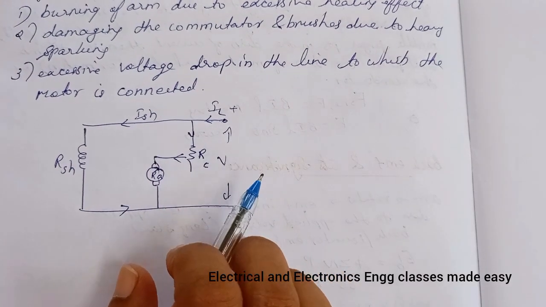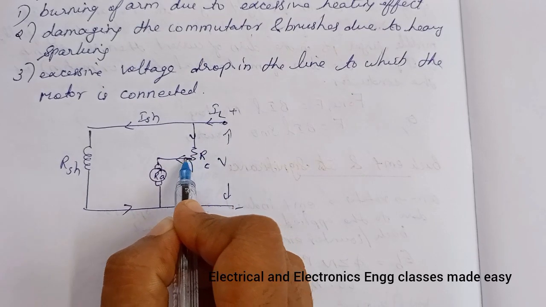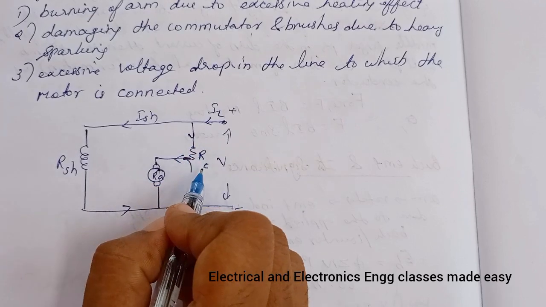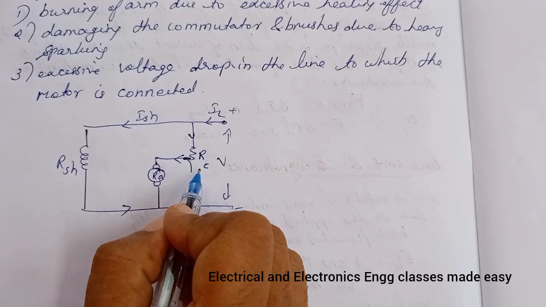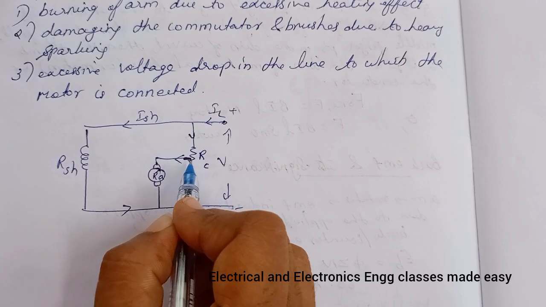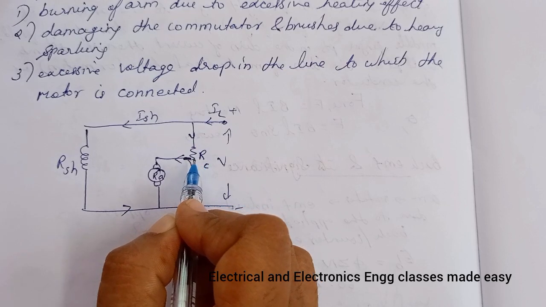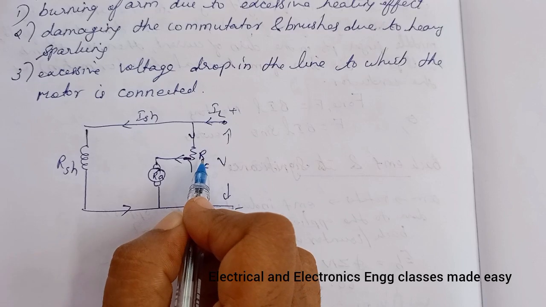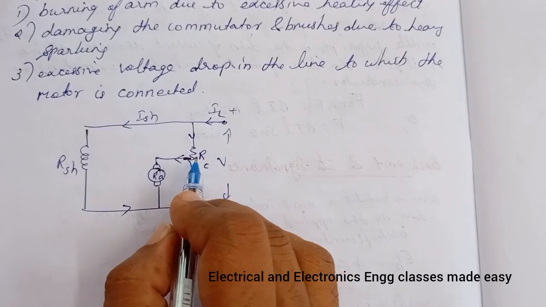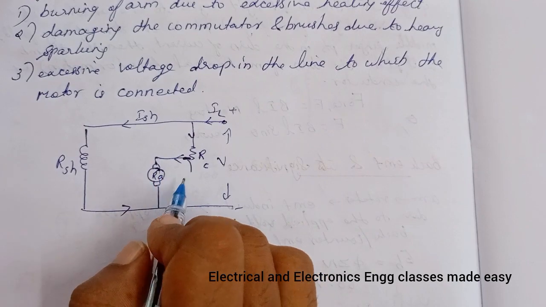So to avoid heavy starting current, a variable resistance known as the starting resistance is inserted in series with the armature circuit, and this resistance is gradually reduced as the motor gains speed, and hence EB increases, and eventually it is cut out completely after the motor has attained full speed.